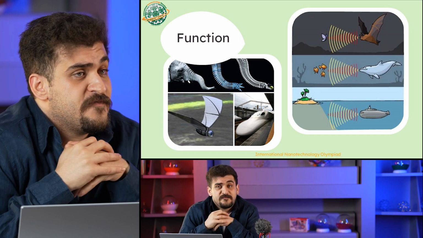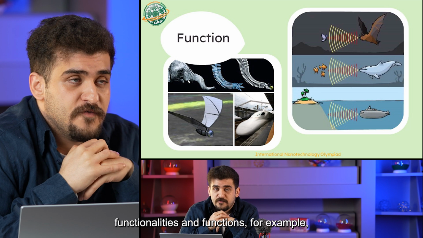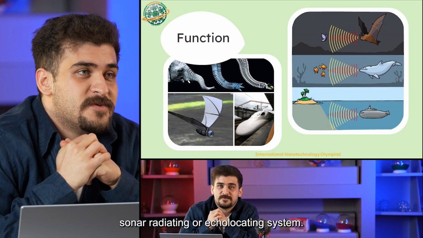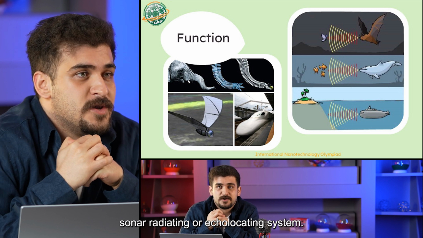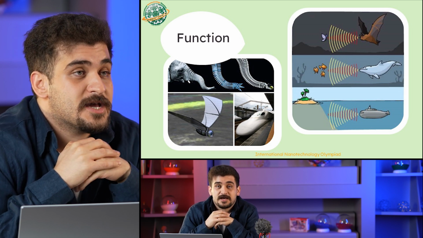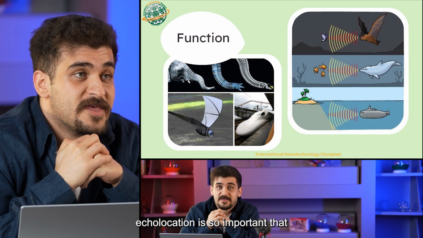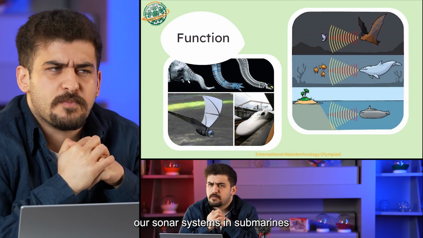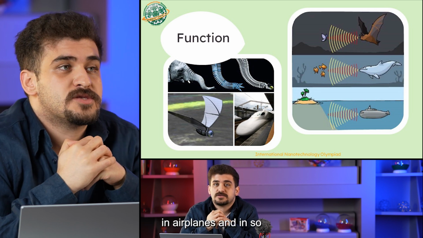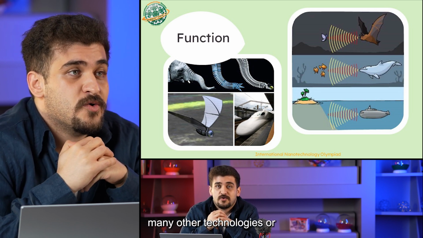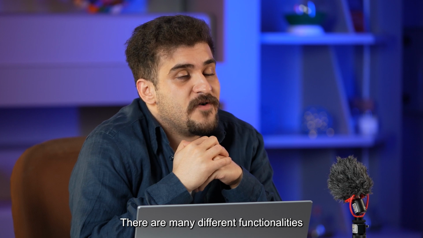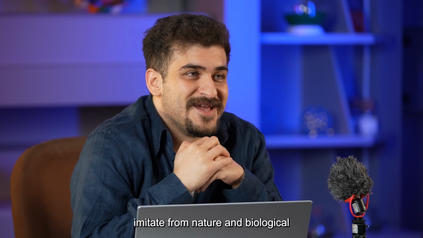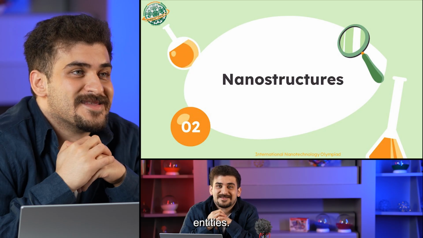Or in terms of functionalities, for example, bats and dolphins use sonar or echolocating systems. Echolocation is so important that we use it in our radars, our sonar systems, in submarines, in airplanes, and in so many other technologies. There are many different functionalities that we could mimic and imitate from nature and biological entities.